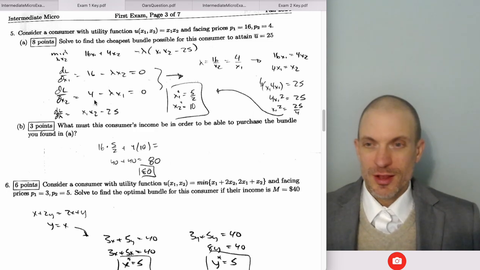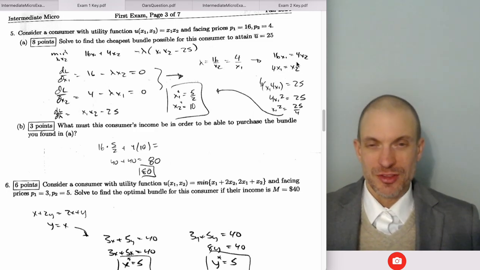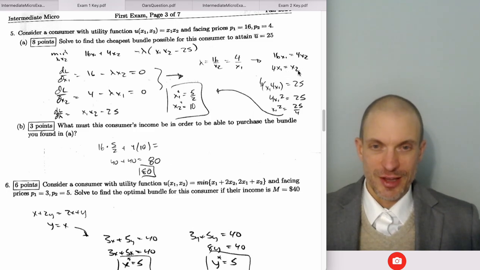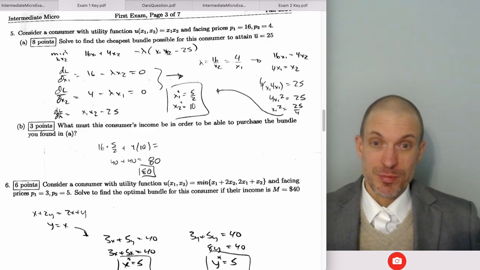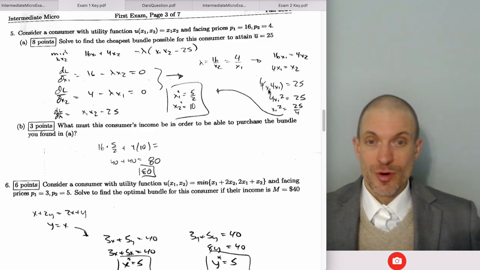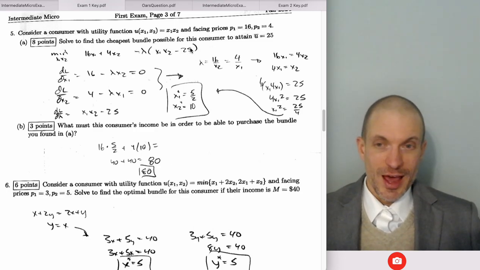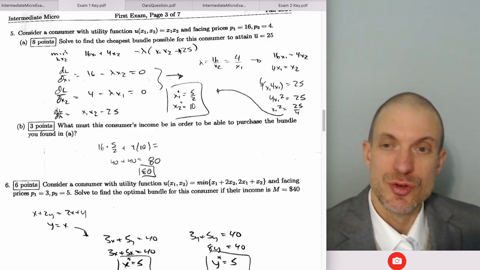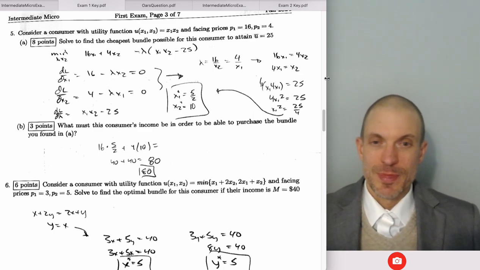Right, so I can go ahead and solve this system of equations, and basically I get this relationship, 4x1 equals x2, which I substitute into my constraint, which is this thing. So I'm going to replace x2 with 4x1. So that's going to give me 4x1 squared, right? My constraint is not my budget constraint. Here my constraint is I have to hit this level of utility using this utility function, right?